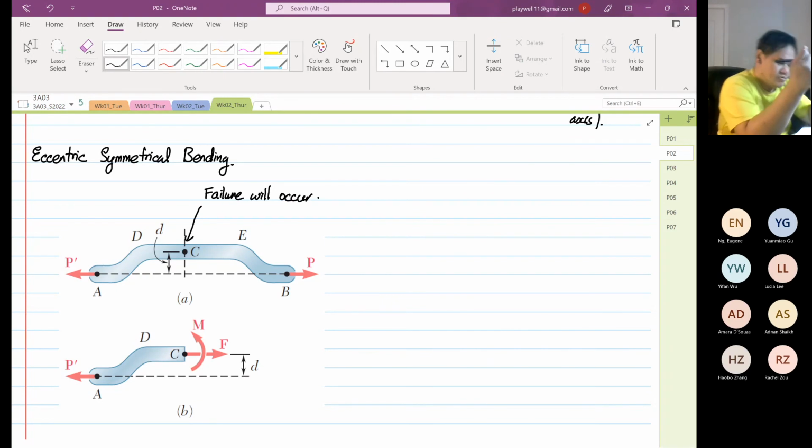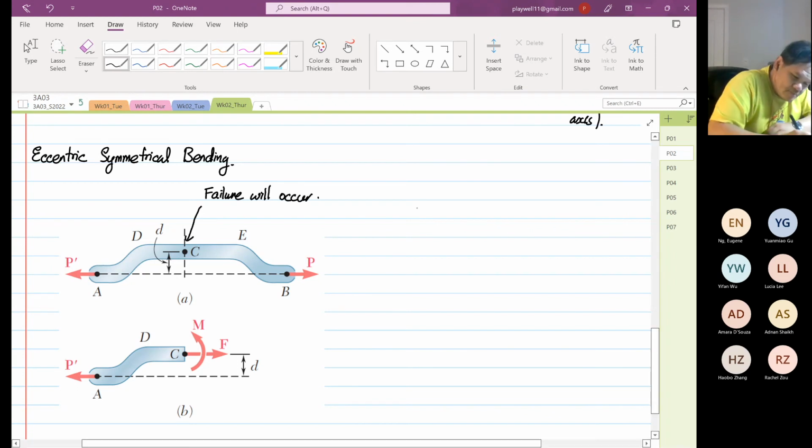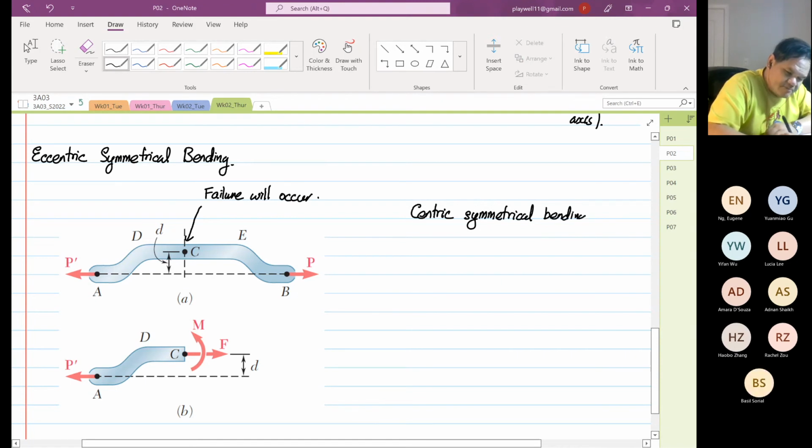So I'm going to write out the formula for centric and eccentric. Okay, so let's look at centric symmetrical bending. This is easy, you guys have seen this.